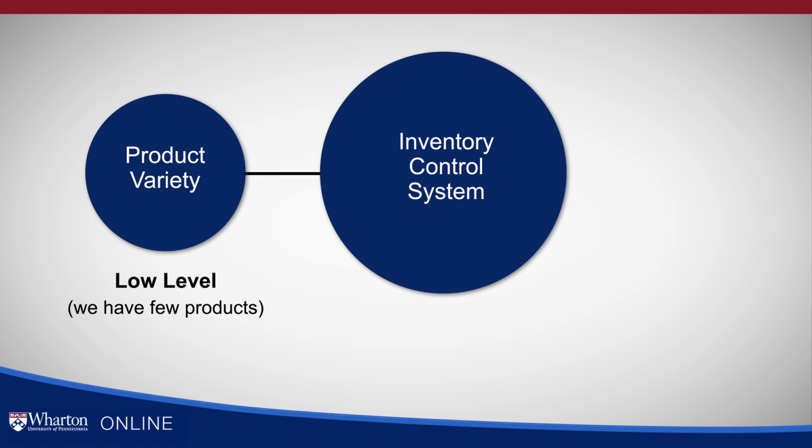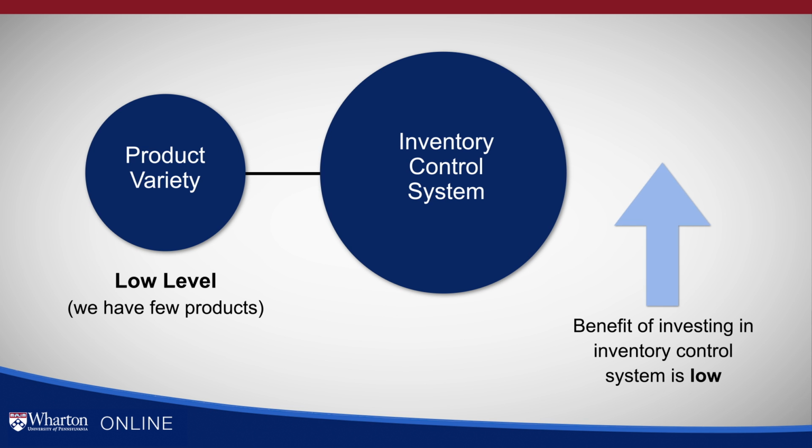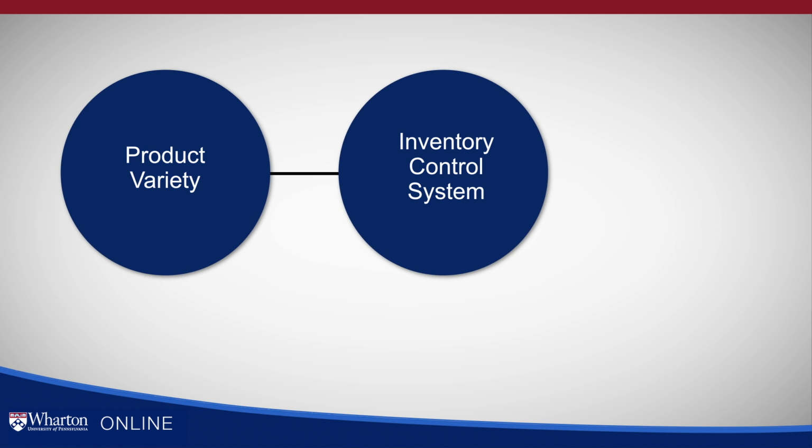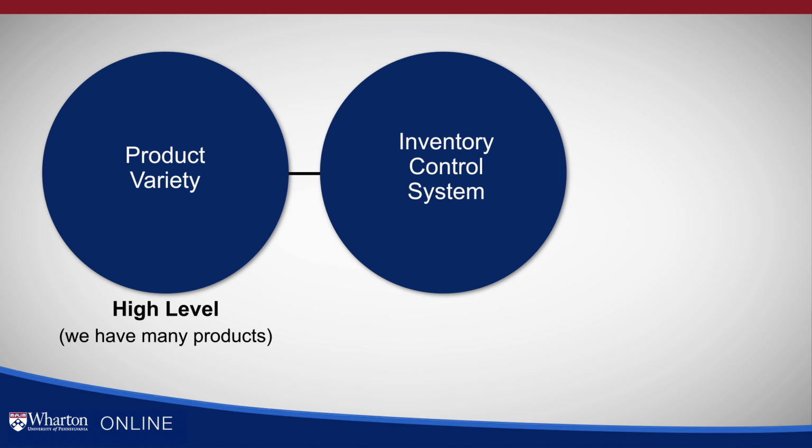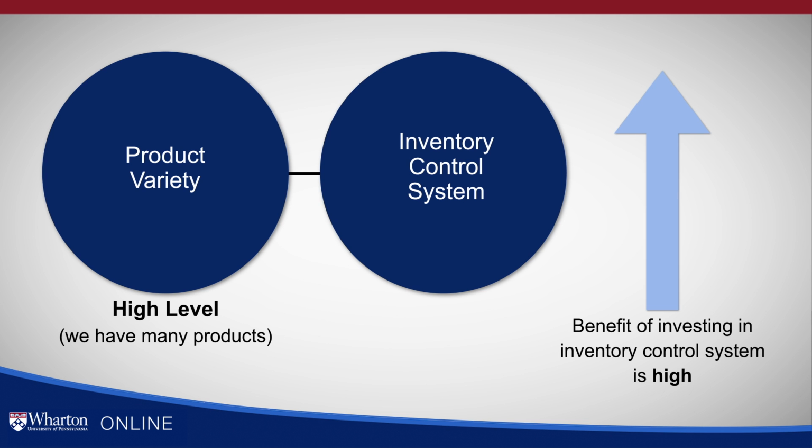Well, given that we have few products, the marginal benefit of doing so is relatively low. Now assume we are in a world where we have lots and lots of products in our lineup. What is now the marginal benefit of improving our inventory control system? Well, now it's larger because we have all of these products that we need to keep track of. So again, the marginal benefit of investing in inventory control increased in the level of product variety.